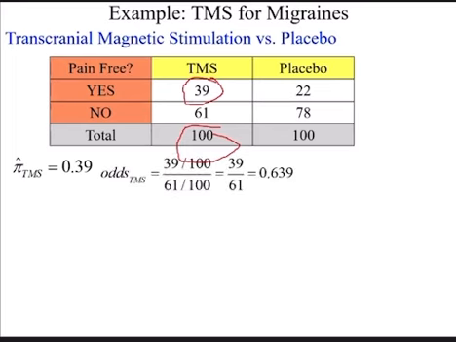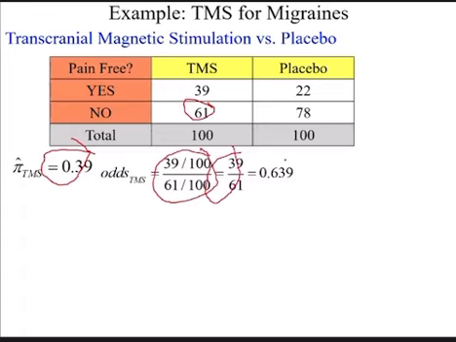I also need to get the odds. Odds is going to be: after using the treatment, what is the number of people that record pain-free, and how many did not record pain-free? That's what you have here. And of course, I'm going to take the ratio of that, which gives me 0.639.